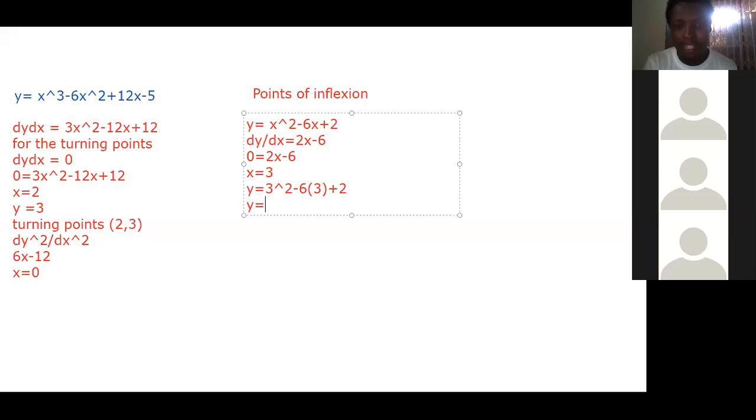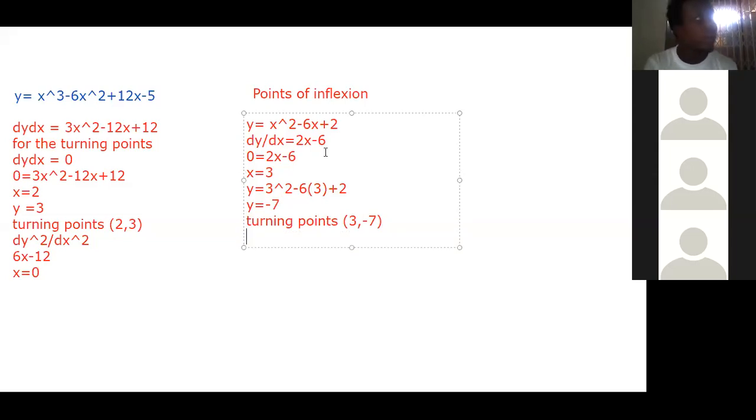So 9 minus 18 plus 2, what are you getting? Minus 7. So now our turning point is equal to 3, minus 7.